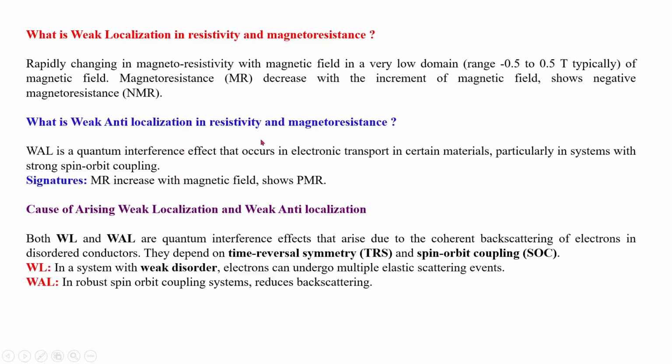With the magnetic field the resistance increases, and it occurs in very clean systems with spin orbit coupling, and particular materials give very good weak antilocalization signatures. They also occur in Dirac materials and also superconductors, but these are basically good phenomena of spin orbit coupling materials.